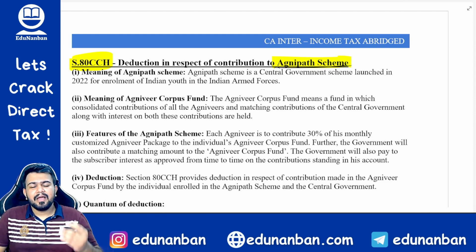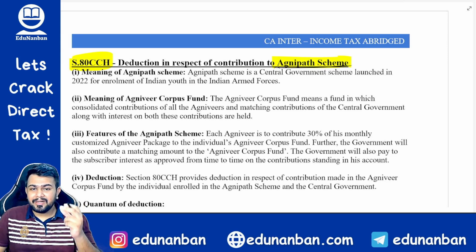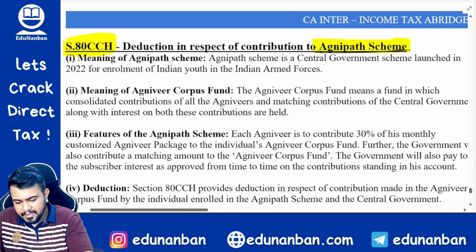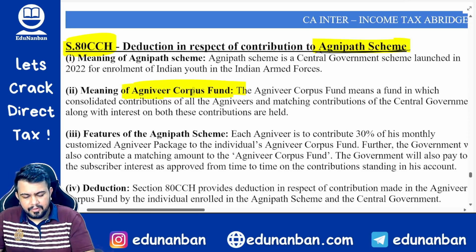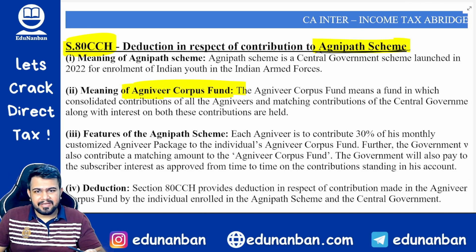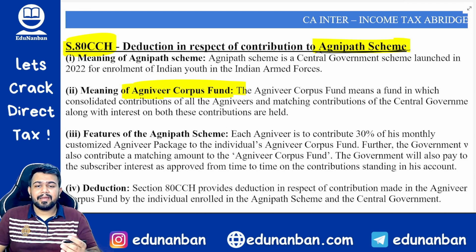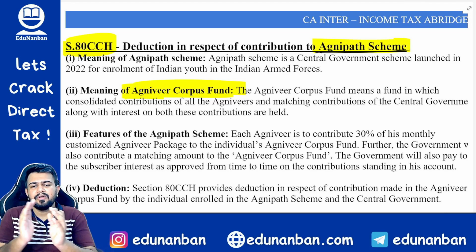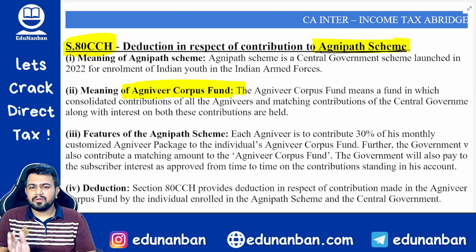Along with the salary, the central government will also contribute 30% of the salary to the Agniveer Corpus Fund. Similarly, 30% of the employee's salary will also be contributed to the Agniveer Corpus Fund.